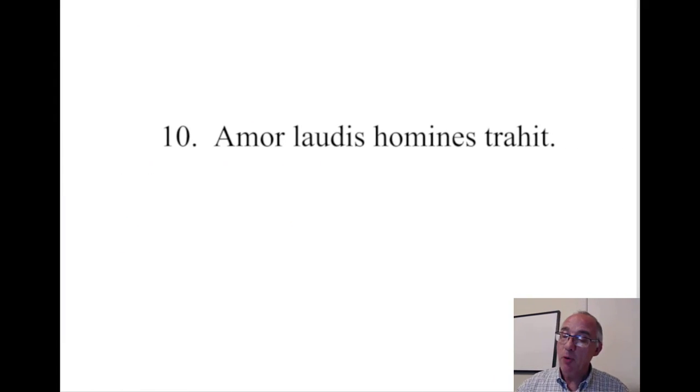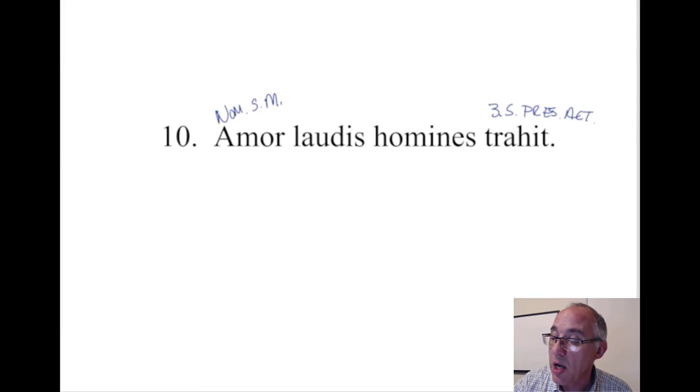10. Amor laudis homines trahit. Well, only 4 words, how does it go together? Amor, it's the first word in the sentence. I'm going to have to guess, nominative singular masculine. Amor, trahit, third singular present active indicative. Love drags, what? Well, we've got two words here.